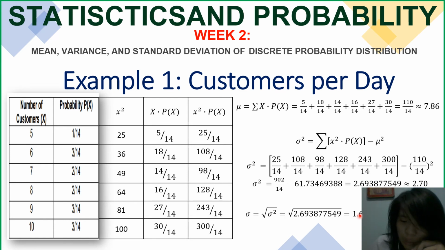So, that's the square root of 2.693877549. Okay. So, the answer is 1.641. So, stay lang natin siya. So, the answer is 1.64. So, just round it off to the nearest 2 decimal place.